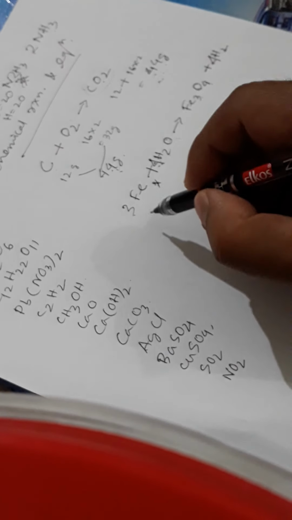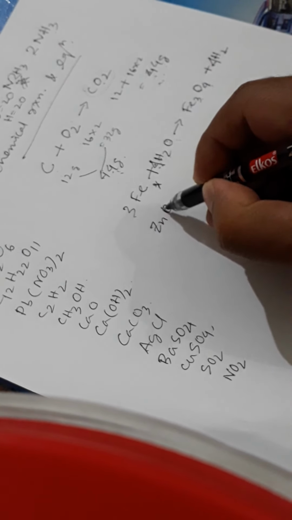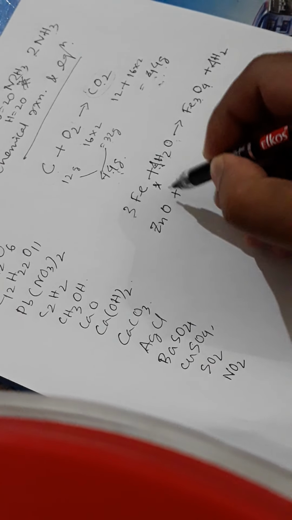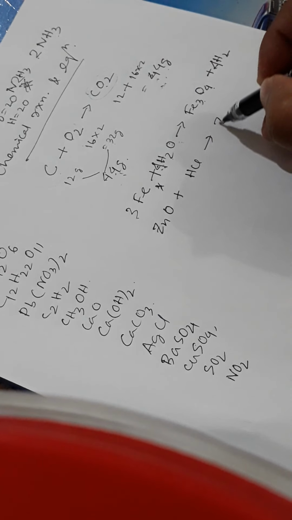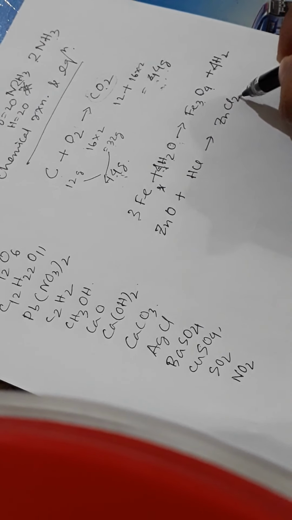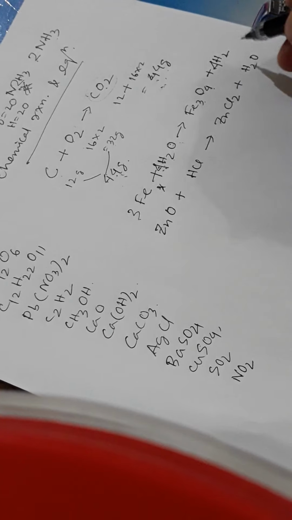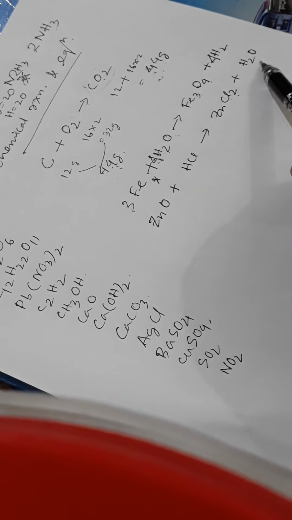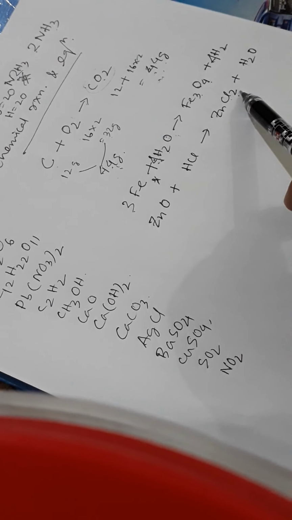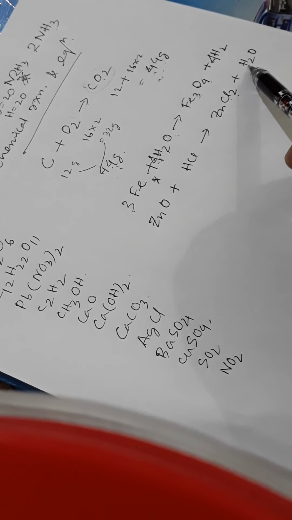Okay, take another example. Suppose this is ZnO, zinc oxide, and then HCl. When it reacts, it becomes zinc chloride and then water. Here you can also see which element is present in maximum number. Obviously it is chlorine 2 or H2. The number is 2, which is maximum here. So you can attempt either chlorine or hydrogen for balancing.